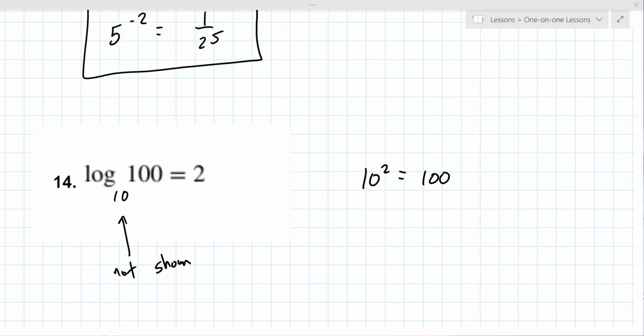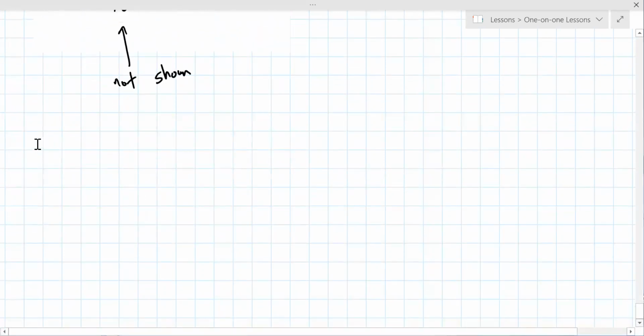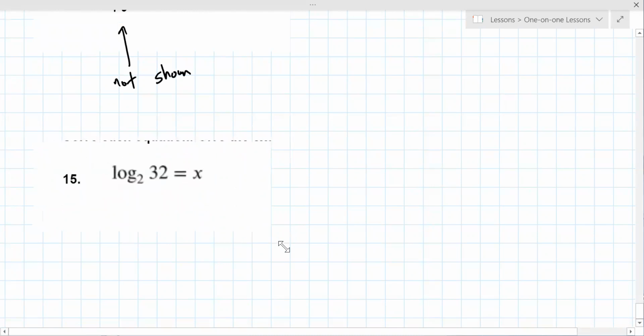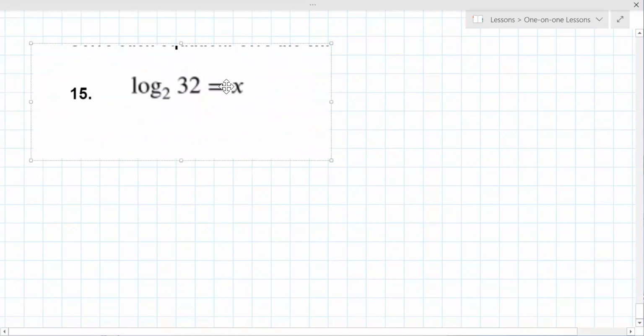All right, so 15 and 16 are related, though slightly different. Now we're solving logarithmic equations with logs in them. On this one on the left, the variable's on the right, so all you have to do is simplify the left-hand side.